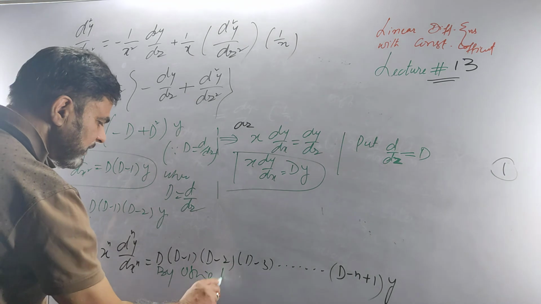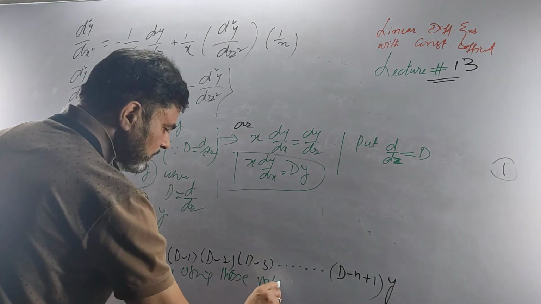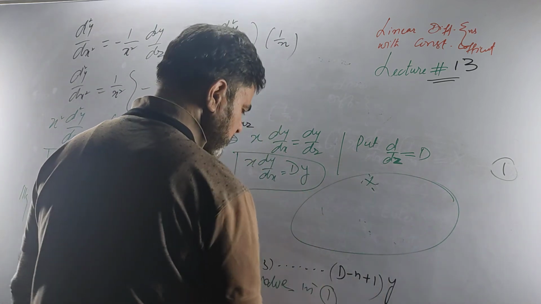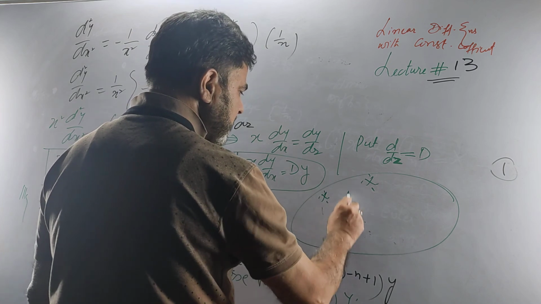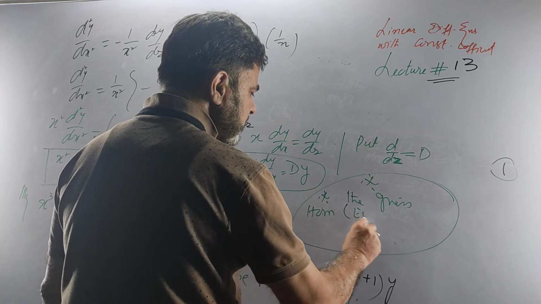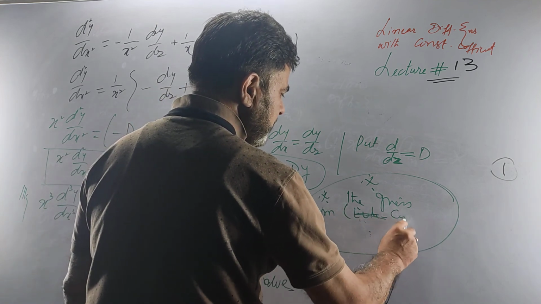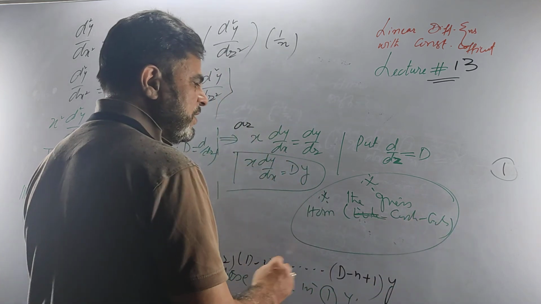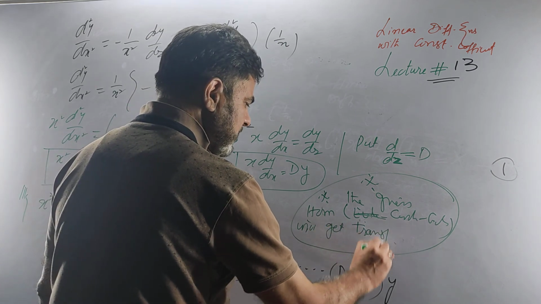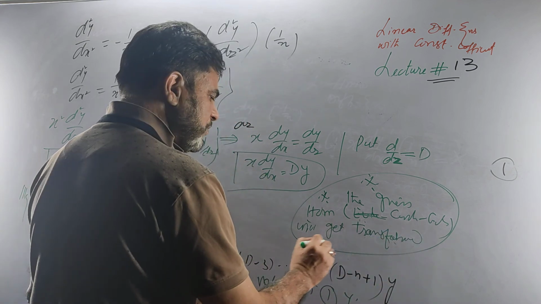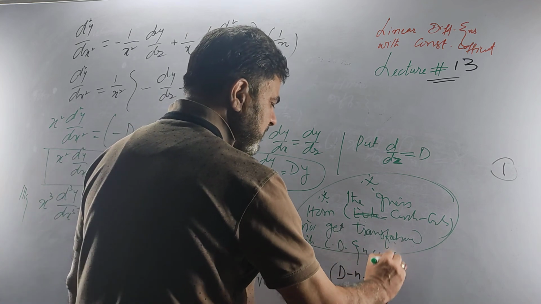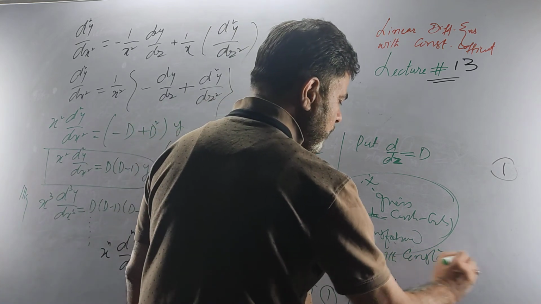When you use these values in the first, the given homogeneous, in fact Cauchy-Euler, equation will get transformed by the substitution into a linear differential equation with constant coefficients.